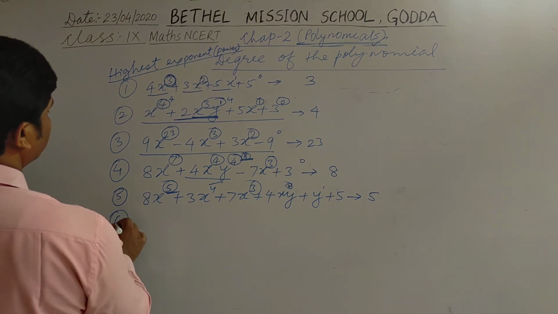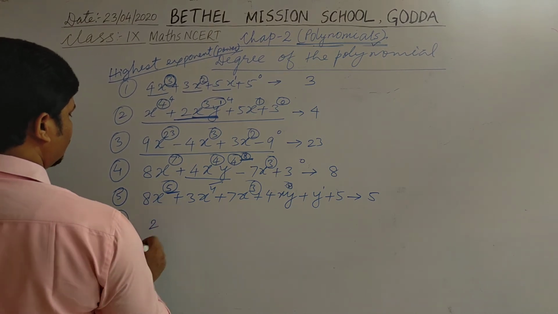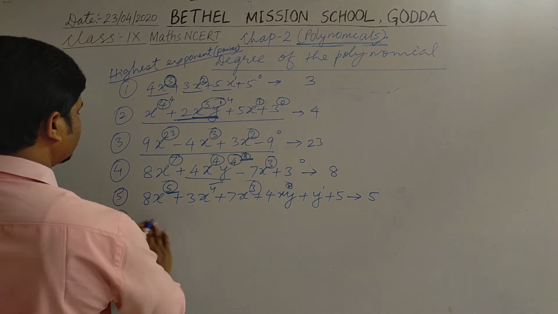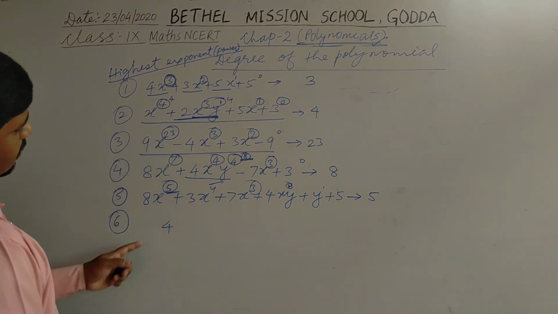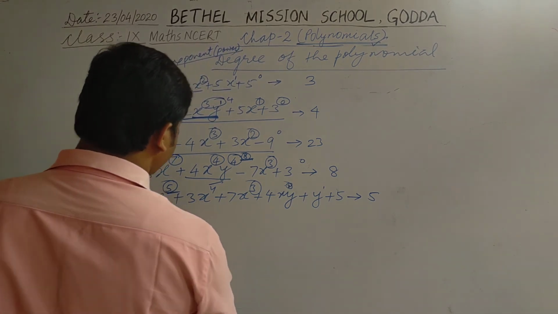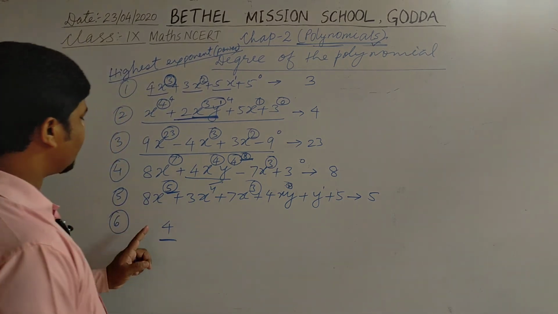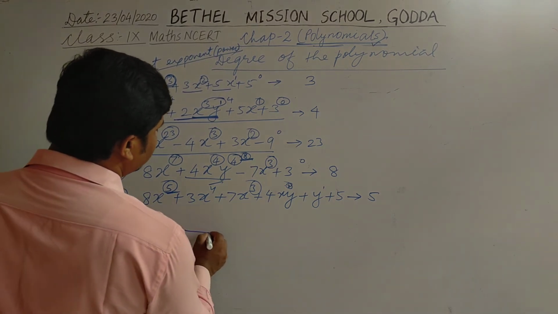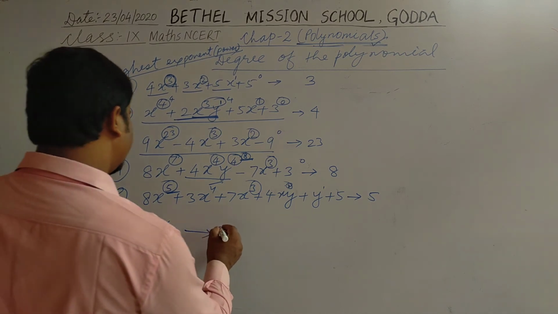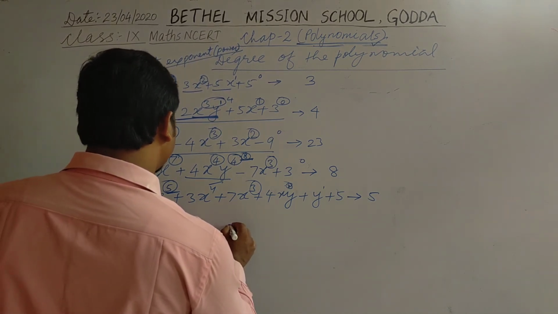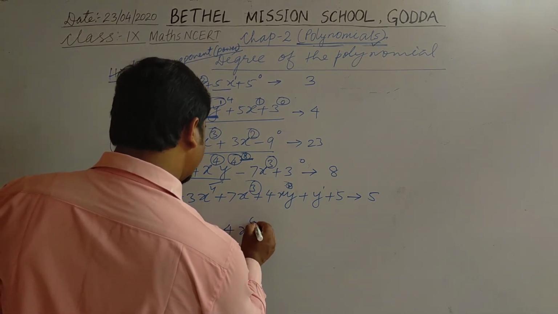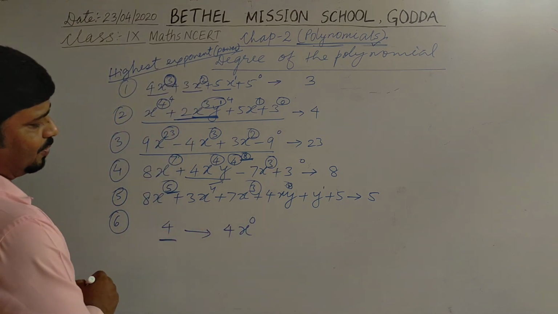One more example. 4. This is a constant polynomial. I told you this is a constant polynomial. What will be the degree of this polynomial? This can be written as 4x raised to power 0.